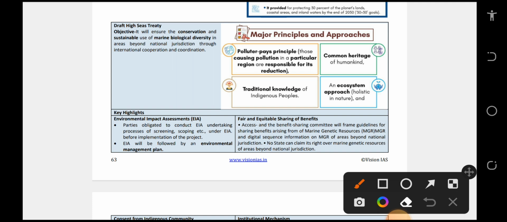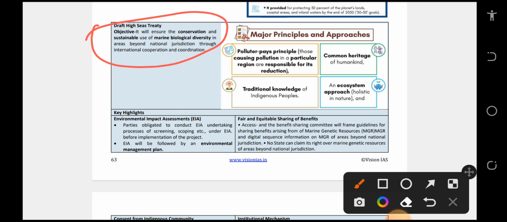What is the adopted High Seas Treaty? Its objective is to ensure the conservation and sustainable use of marine biological diversity in the area beyond national jurisdiction through international cooperation and coordination.